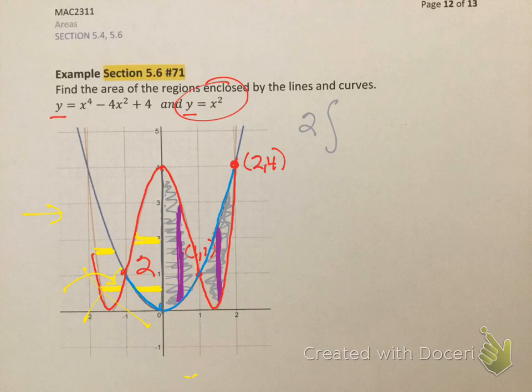If you did right curve minus left curve, it would be the same thing minus itself, which would give you a 0. You can't integrate that. You would get no area for all of this down in here. You can't do that. So that's a second reason why you would not want to use horizontal representative rectangles.